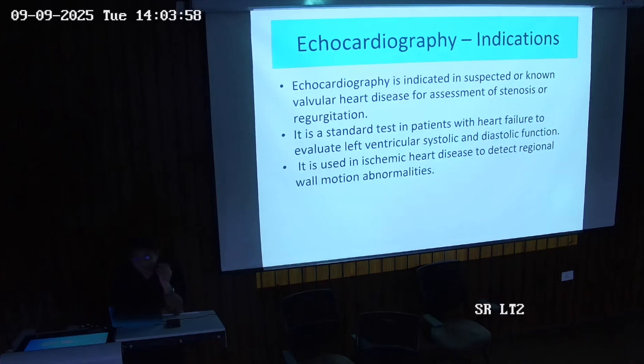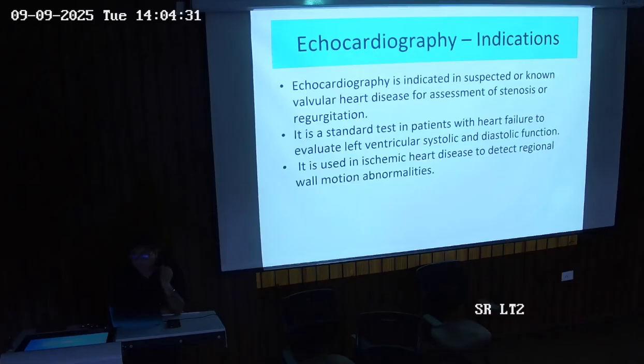The third one is ischemic heart disease, to detect regional wall motion abnormality. Sometimes a patient comes to the emergency with chest pain and the ECG is normal. If you have a strong suspicion of ischemia, then we can go for echo to diagnose ischemic heart disease. If echo suggests that the patient has a regional wall motion abnormality, it may be associated with a normal ECG also.